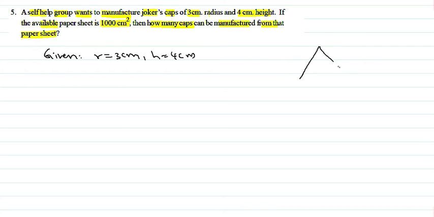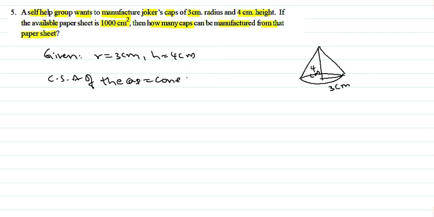So now the joker cap is in the shape of a cone. So in this situation we are going to find the CSA of the cap, which is equal to the cone's pi r L.